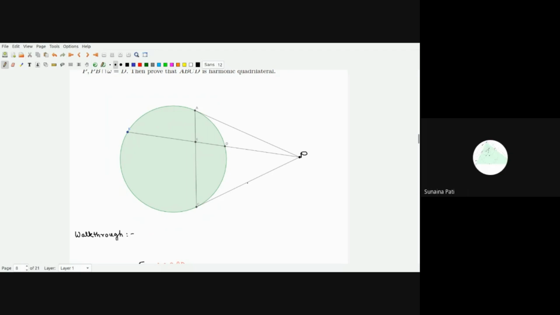You have AC, BD, and you're projecting it from P, from a circle onto the same circle. So that would imply that A goes to A, C goes to C.